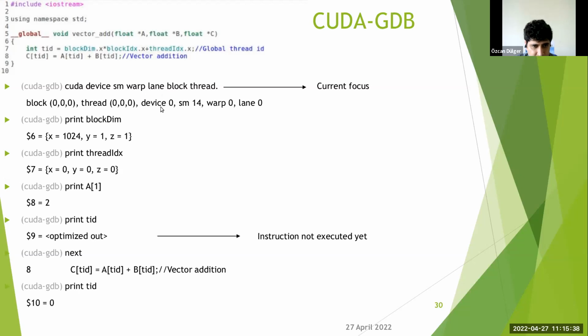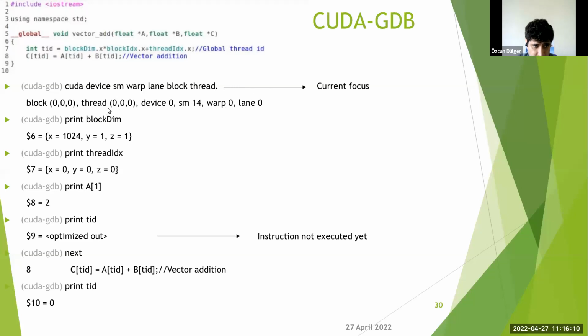Device is 0, so this is the Tesla K40. Streaming multiprocessor is 14, so this is the last streaming multiprocessor. Warp is 0, so it is the first warp. And lane is 0. Lane is the ID of the resident thread in the warp, so this is the first resident thread in the first warp.